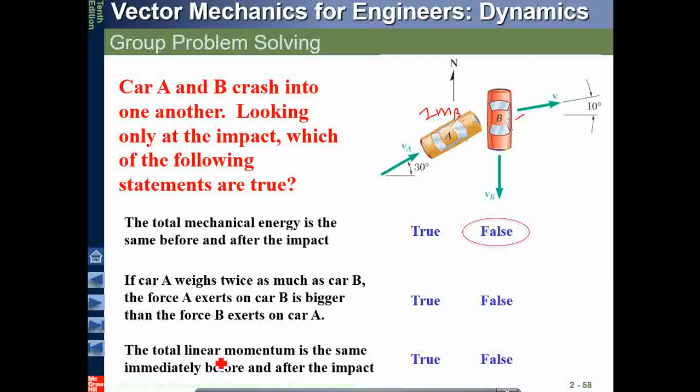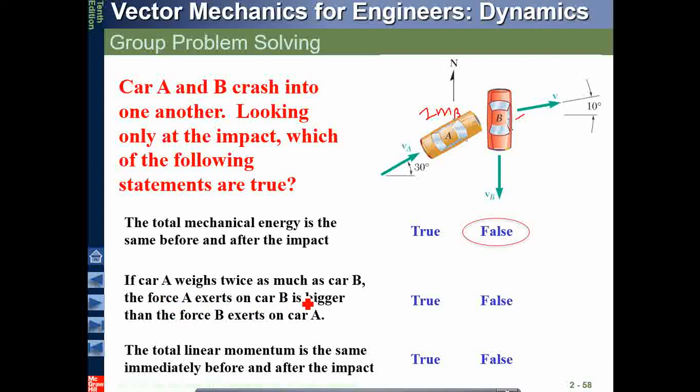It has a very high mass. Since car A weighs twice as much as car B, the force exerted on car B is bigger than the force exerted on car A. This will not be the case, I don't think so, because the momentum transfer will be there.